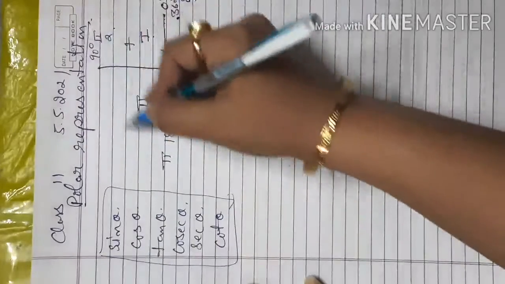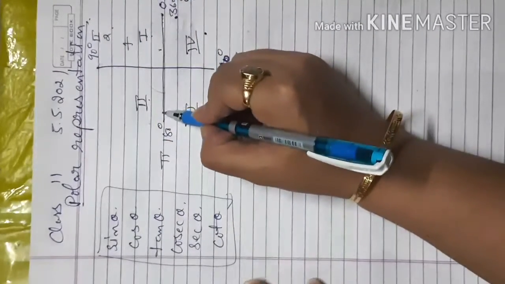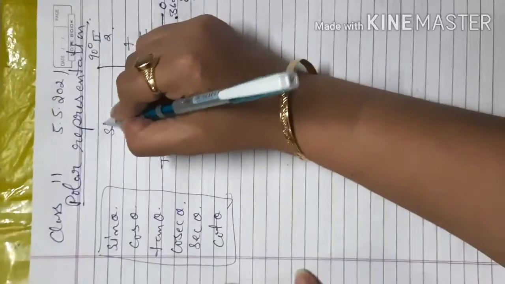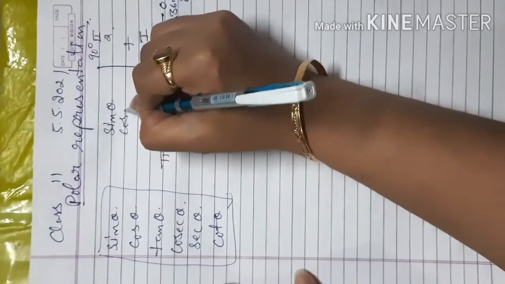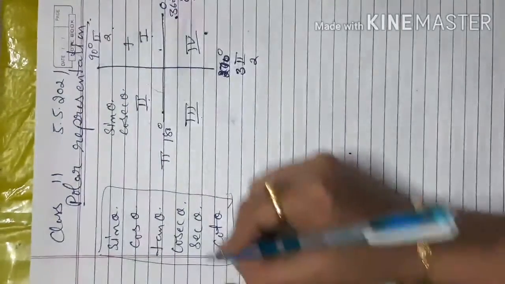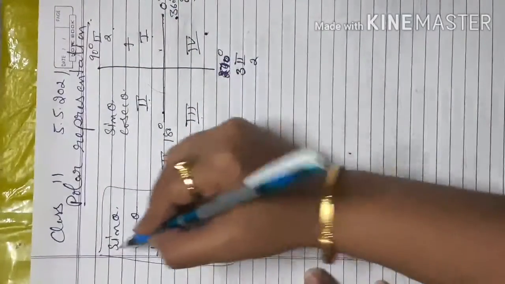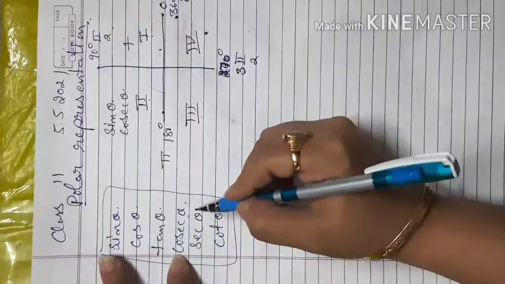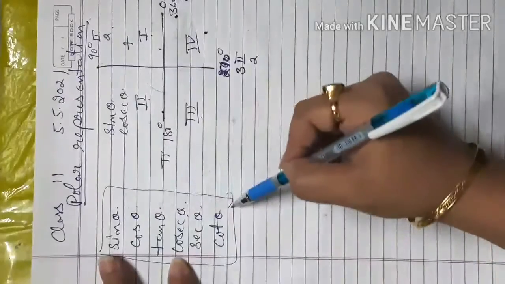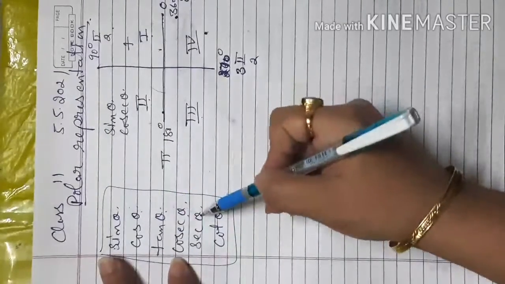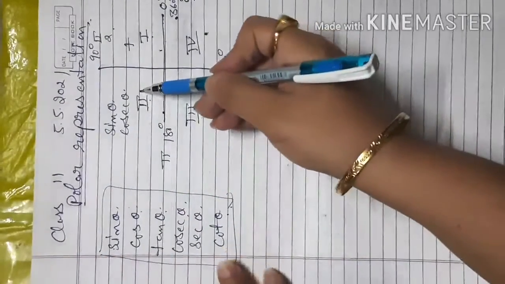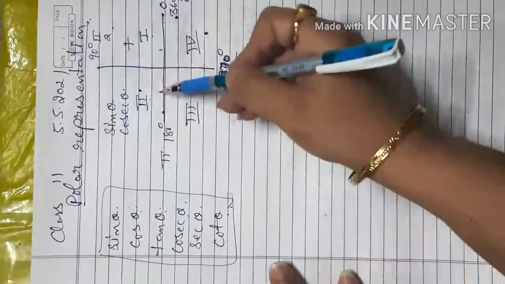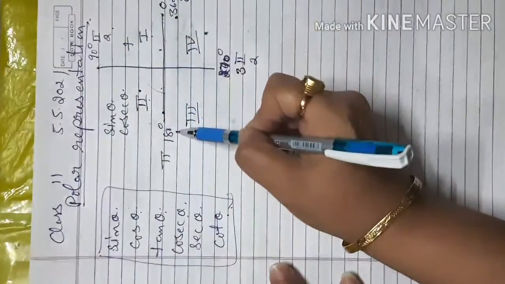But when we move to the second quadrant, only sine theta and cosecant theta values will be positive. All the other 4 trigonometric terms, cos theta, tan theta, secant theta and cot theta, will be negative in this quadrant, from 90 degree to 180 degree.